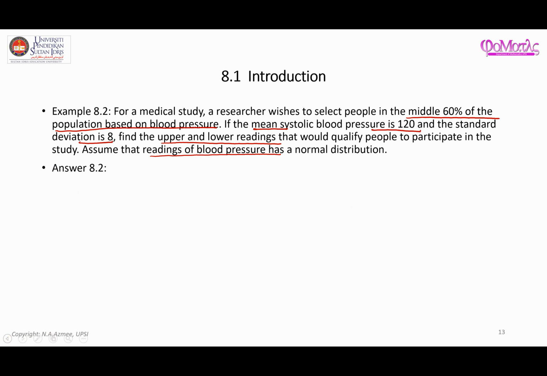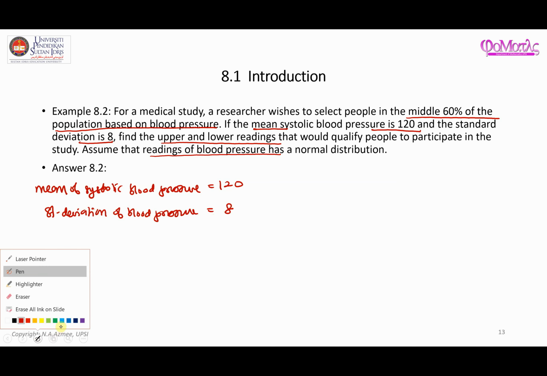Okay, so in this example, it says the mean of systolic blood pressure is 120. Standard deviation of blood pressure is 8.